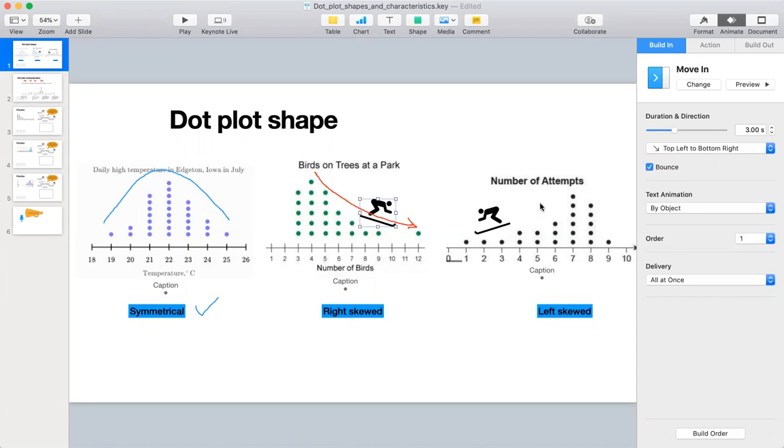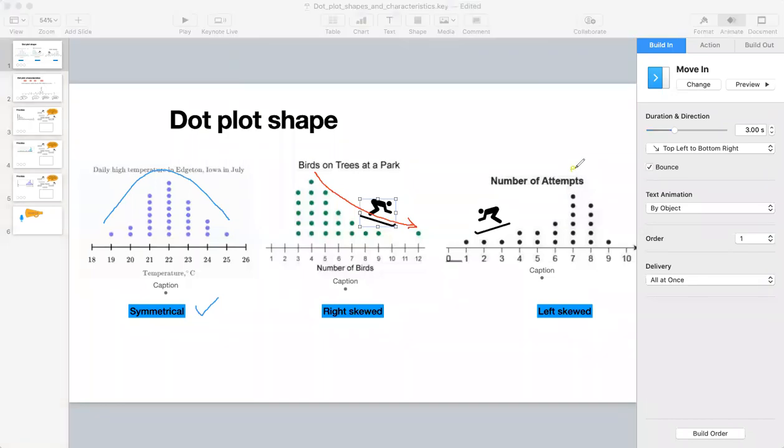And the last one is left skewed. It is the number of attempts kids made on a test or something. So again, left skewed: you start from the mode and it goes to the left. Your data skews to the left.